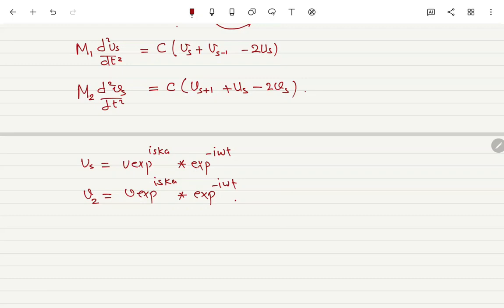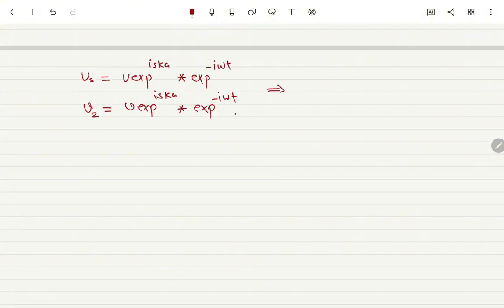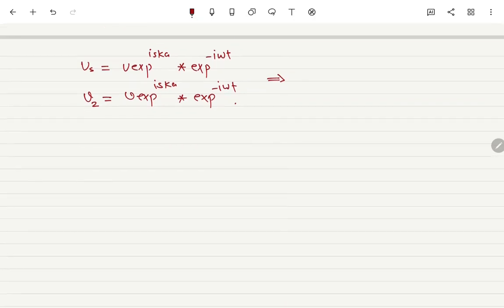Now, when we substitute these solutions in these 2 equations, this one here and this one right here, we will get minus omega square M1 u equal to cv times 1 plus exponential minus ika, minus 2cu.